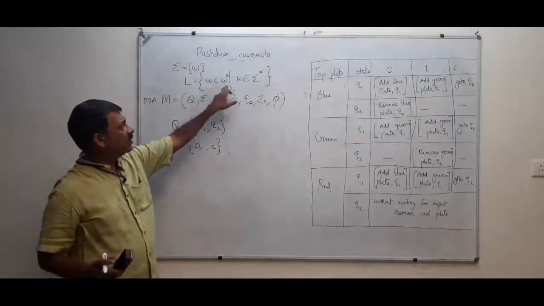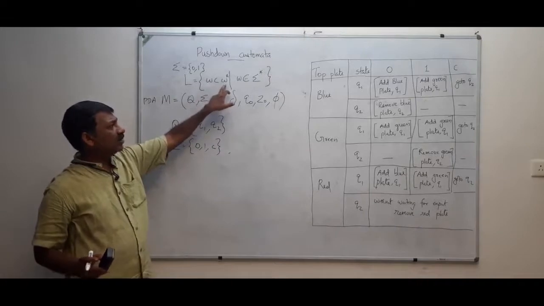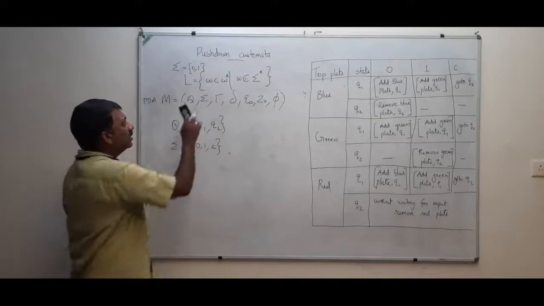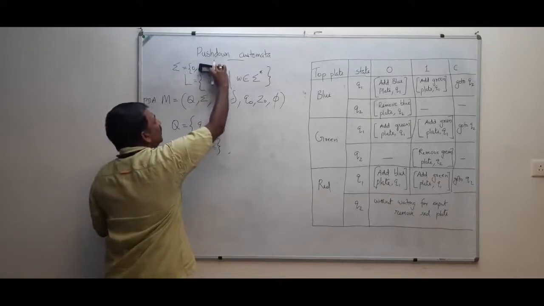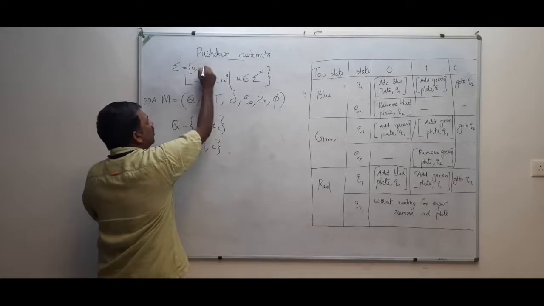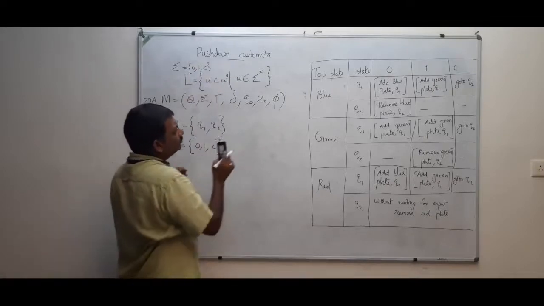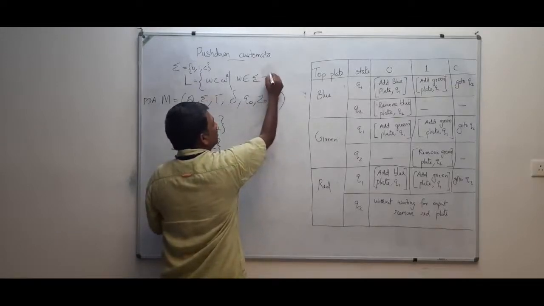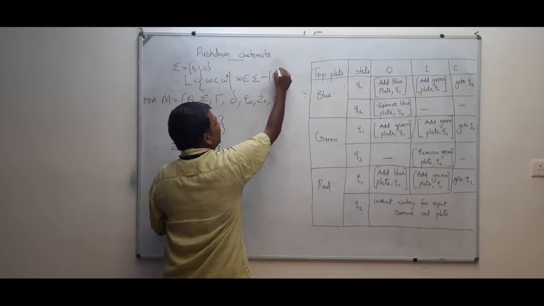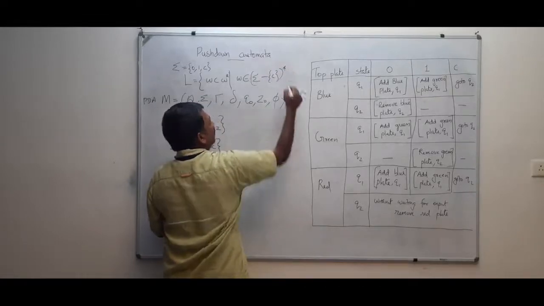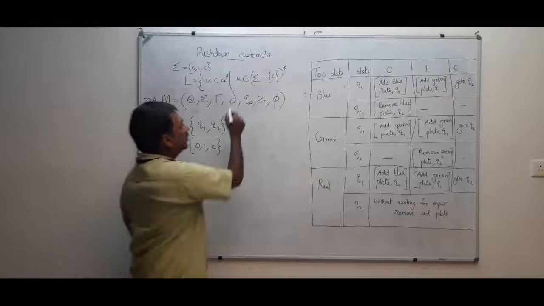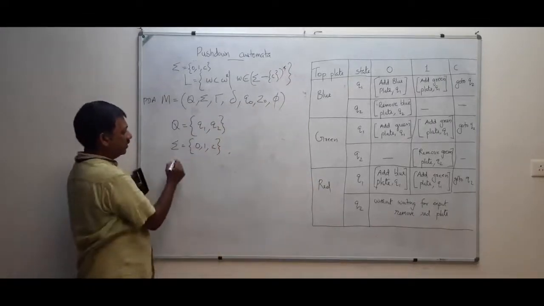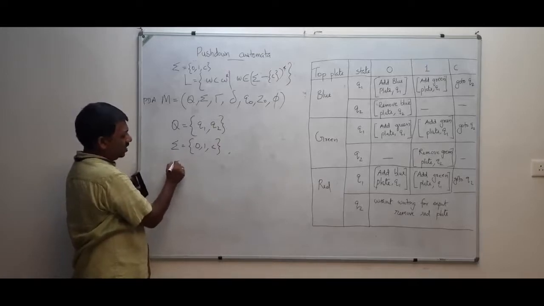That means W C W raised to R. This W and W raised to R should contain only zeros and ones, that is sigma minus C, star. That means this W should not contain any C. That is the meaning.